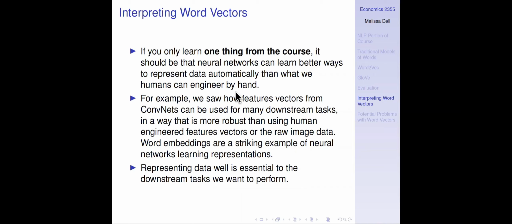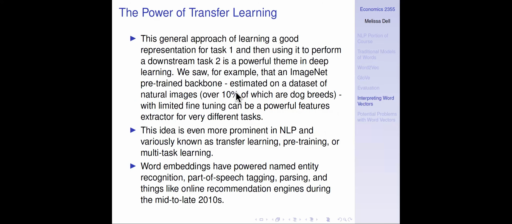A takeaway from this, and also from all the other examples we've seen in the course and will continue to see, is that neural networks can learn better ways to represent data automatically than what we can engineer by hand. This is important because if we're able to represent our data in a meaningful way, we can do all sorts of downstream tasks on it.